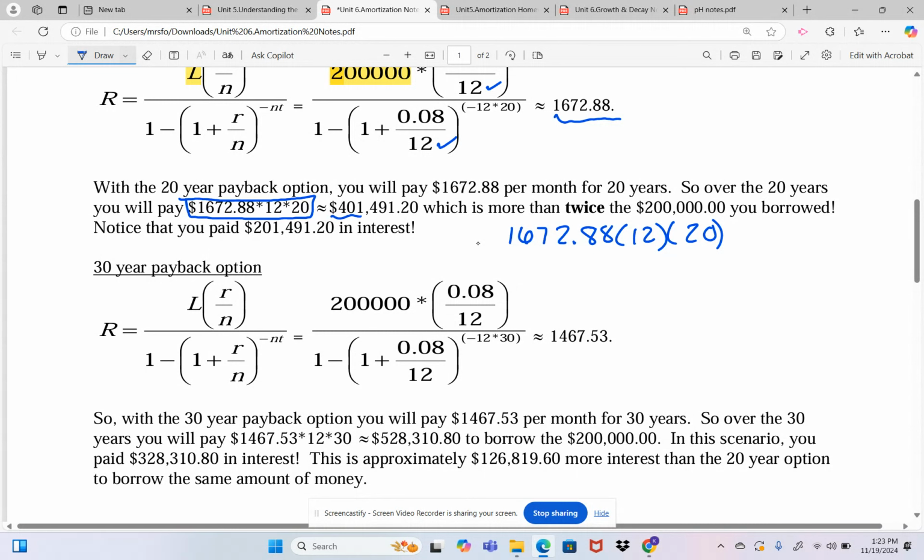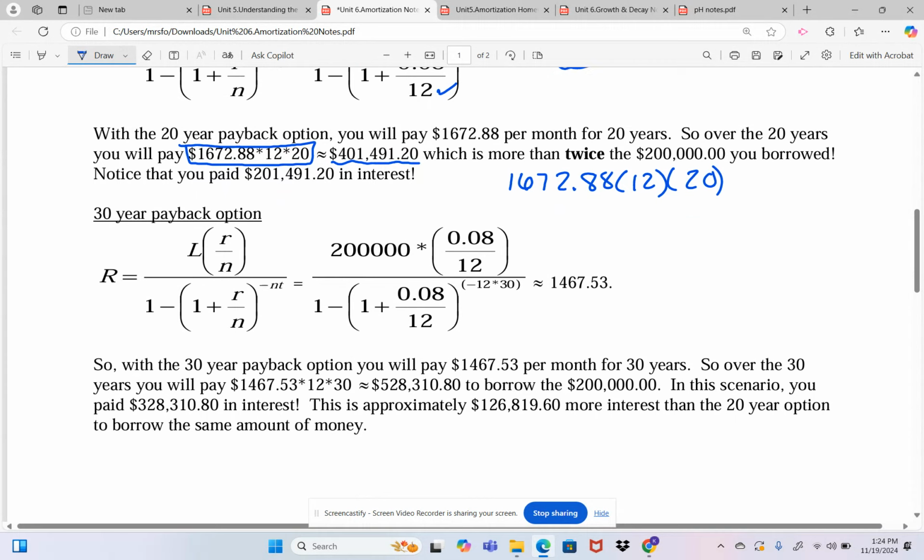And so this is how much you will have paid total. $401,491.20. You paid over double of what you took a loan for. Isn't that wild? At the end of 20 years, you've paid the bank $400,000. They only gave you $200,000.